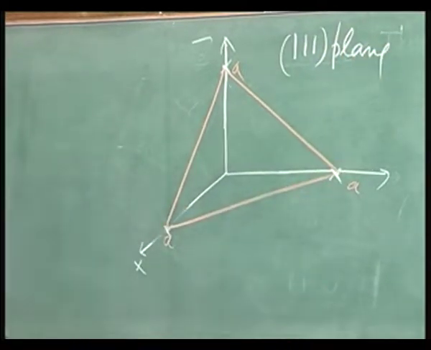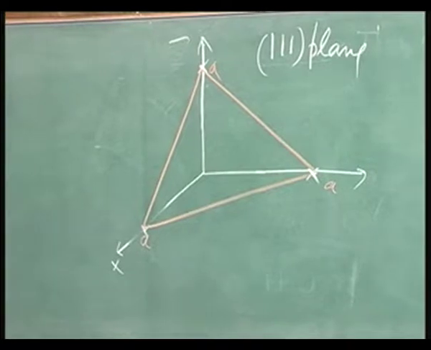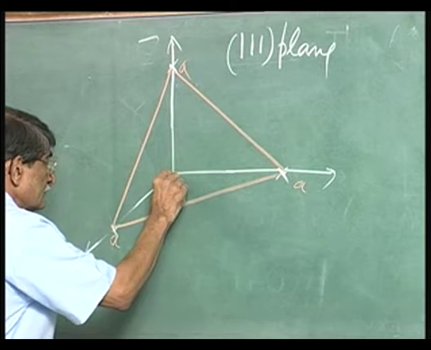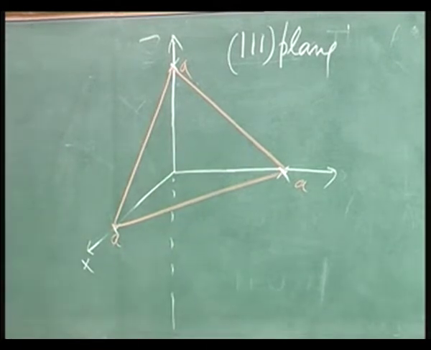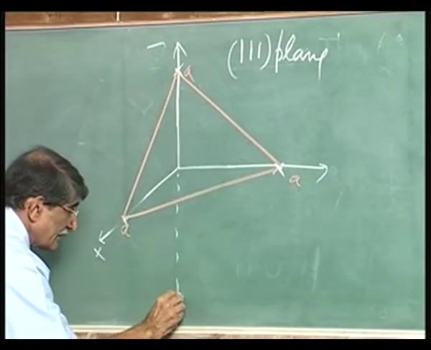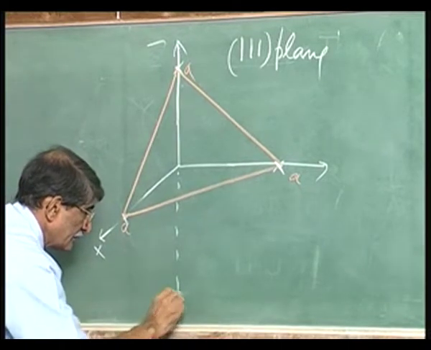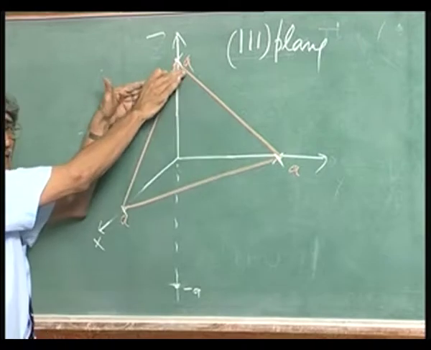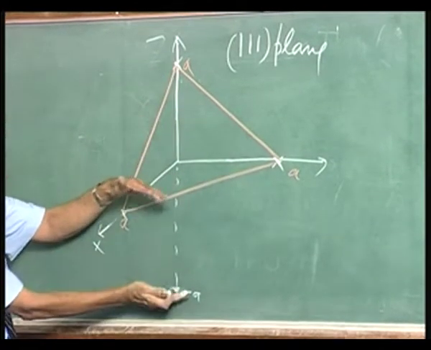Now, when we say 1, 1, 1 plane, we mean the entire family. I can just go in this direction. I move here to minus A. Okay. I can have the plane going like that. I can have the plane going down like this.